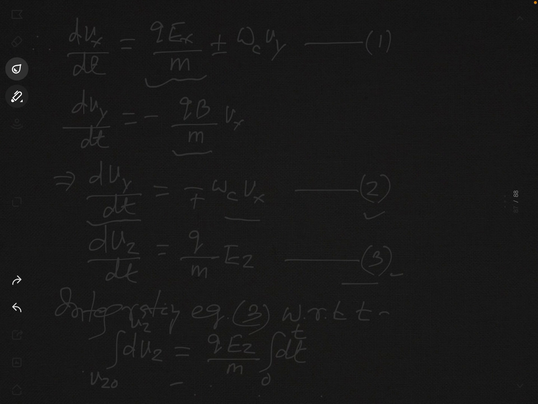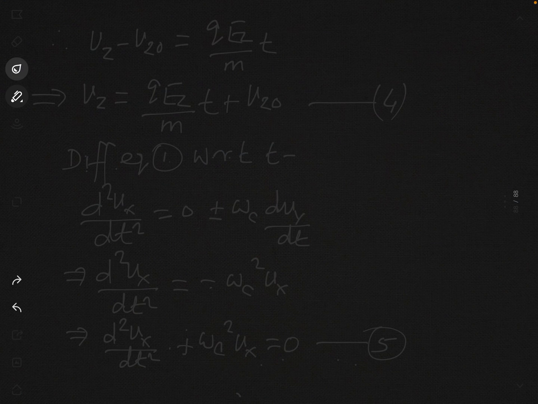And then we will substitute the value of dVx by dt from equation 1. So now differentiating equation 2 with respect to t. This will be what?